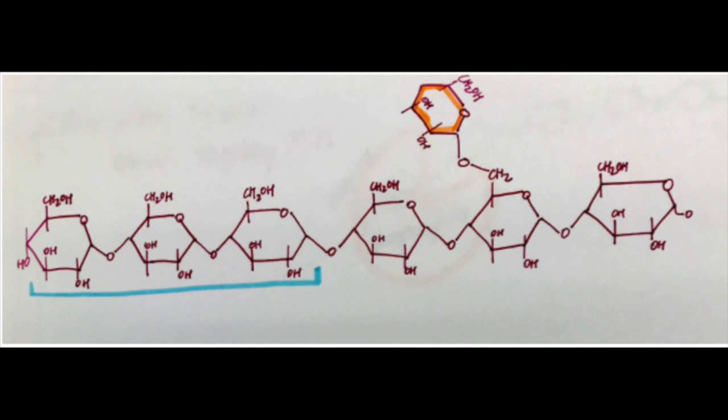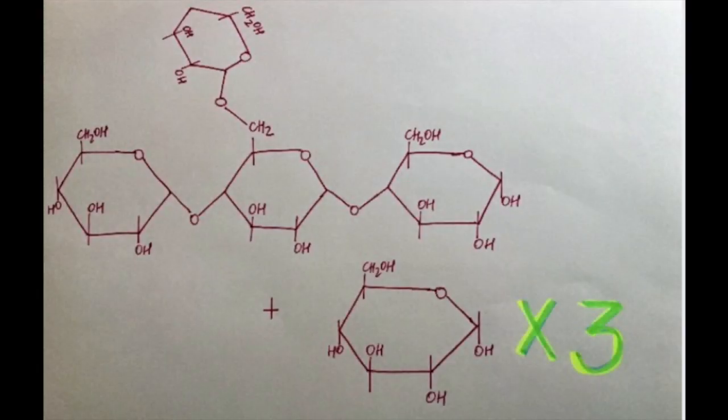Until the 1,6 linkage is broken, any residues upstream of the 1,6 linkage will not be released from the glycogen. In our example, glycogen phosphorylase will only be able to remove the 3 glucoses, which are underlined in blue, in the form of glucose 1-phosphate. And here is an image of the products.